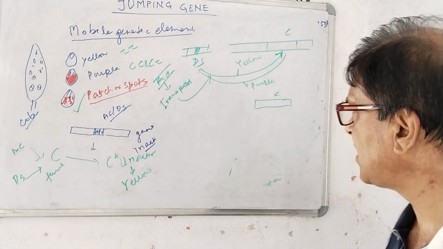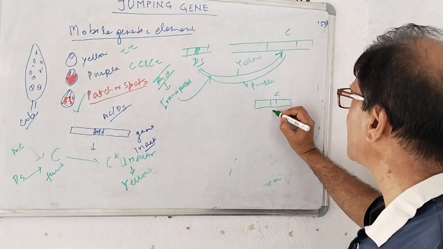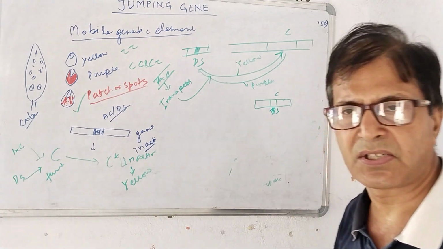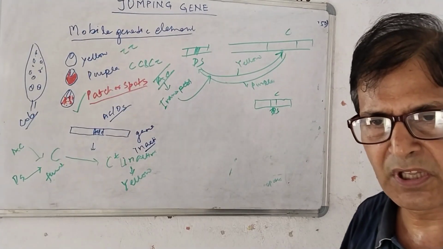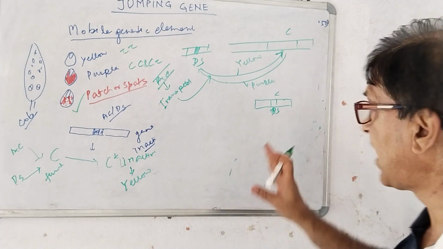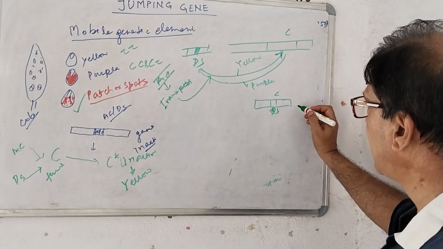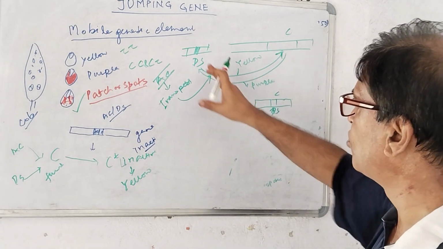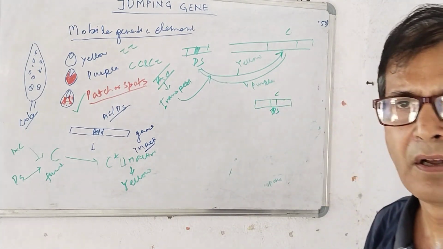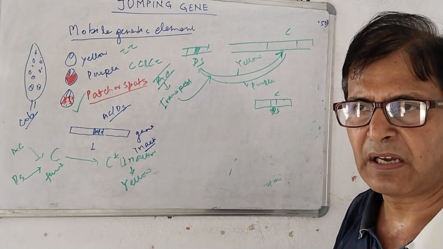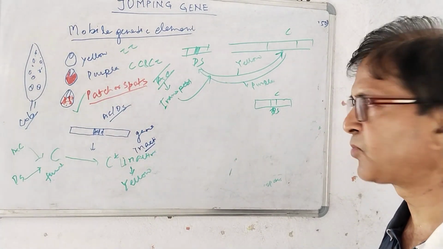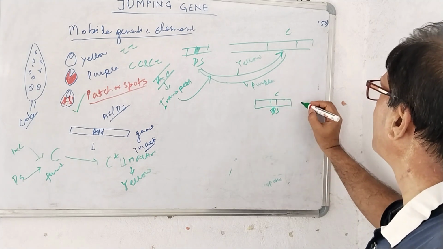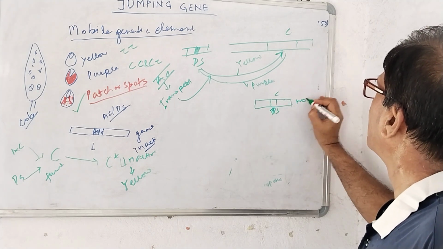If the DS element gets inserted within the coding sequence, then there is a possibility that it can move out and finally restore the color of the endosperm. This arrangement is not permanent.